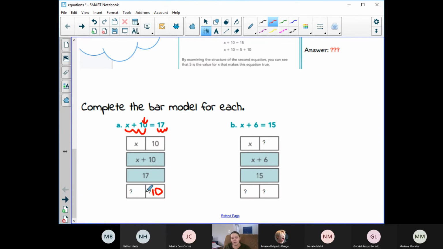How am I going to figure out what this missing value is? So if part of it is 10, what's the other part that will give me 17? Seven. Any questions about that one?